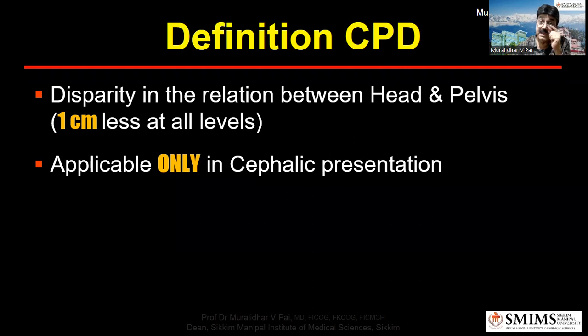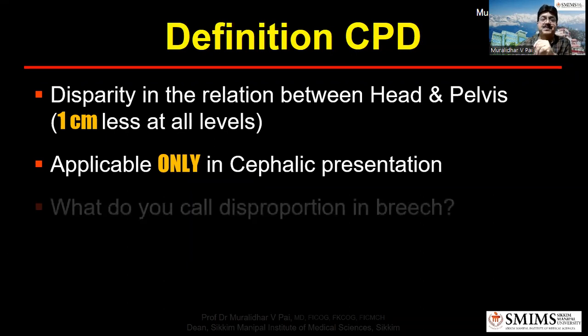Whereas in cephalopelvic disproportion, you can assess that right in the beginning of the labor. And if the head can deliver, the rest of the body can definitely be delivered, because it is softer and moldable. The head is the one which cannot be molded that much. There is a physiological molding though, that I'll come to a little later.